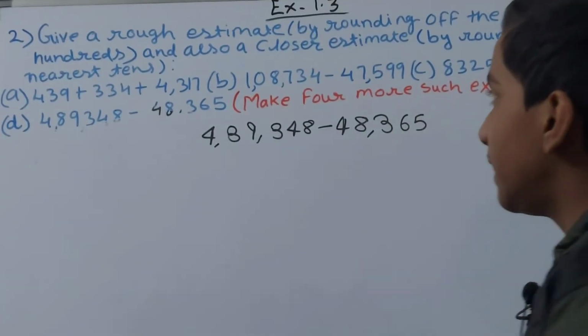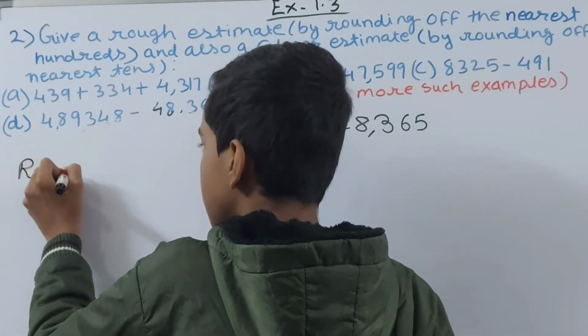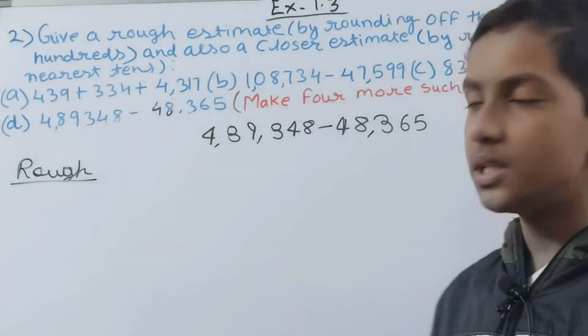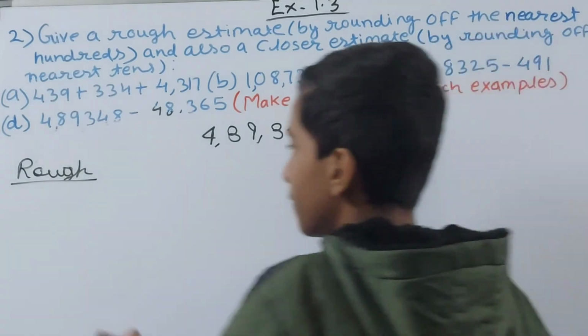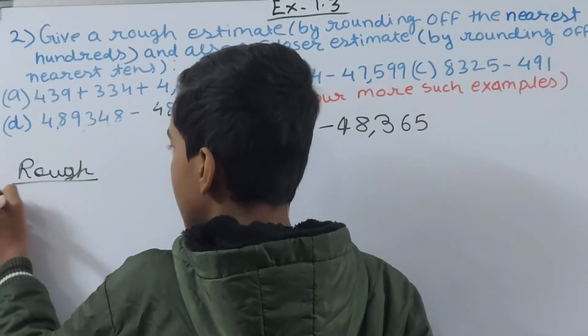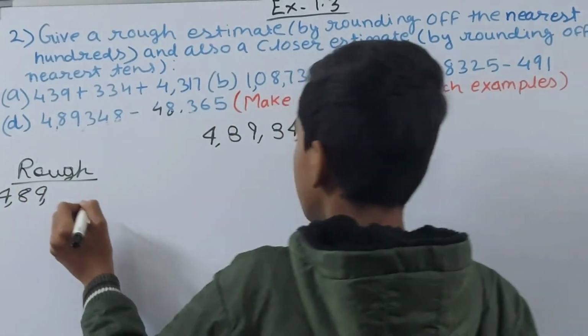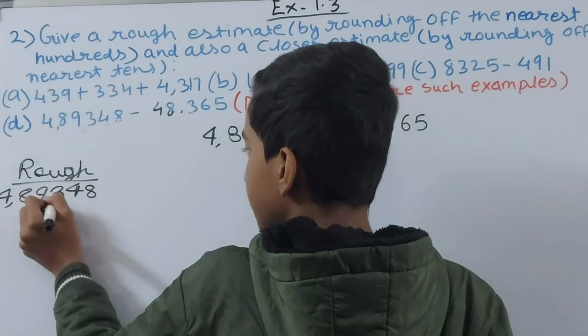Now we will find their estimates. First we will find the rough estimate. For the rough estimate, we will round them off to the nearest hundreds places. We are having 4,89,348. So to the nearest hundreds, here we have 3.